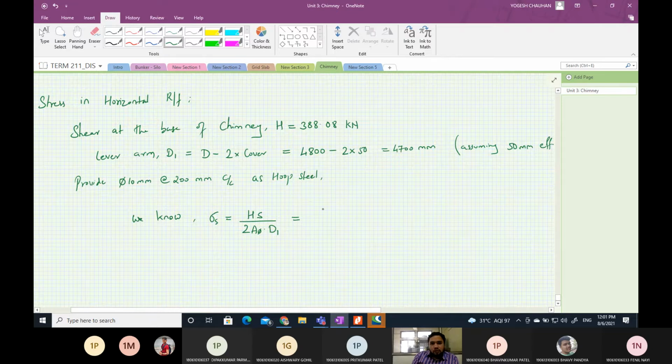So hs is 388.08 into 10 to the power 3 in Newton, multiplied by spacing 200 mm, whole divided by 2 into A5, where A5 is the area of the reinforcement.